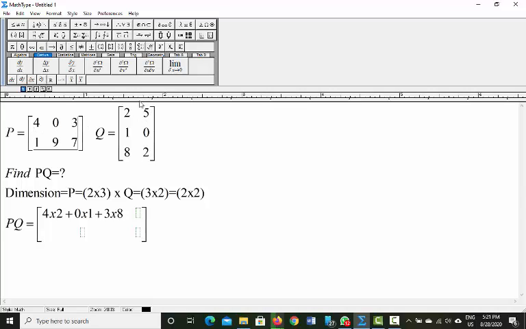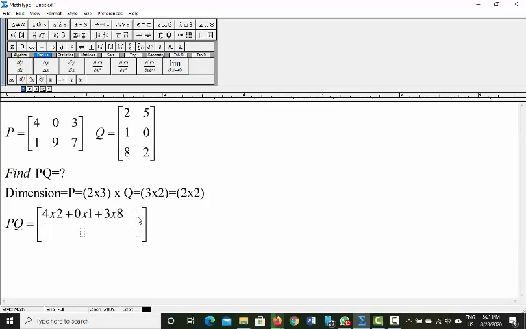So we multiply the first row of the first matrix with the second column of the second matrix. The location will be the first row and the second column.